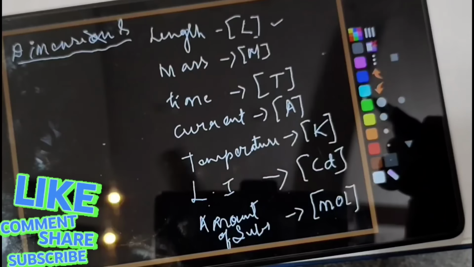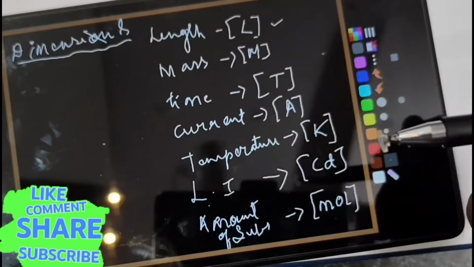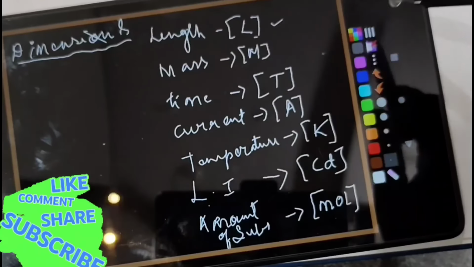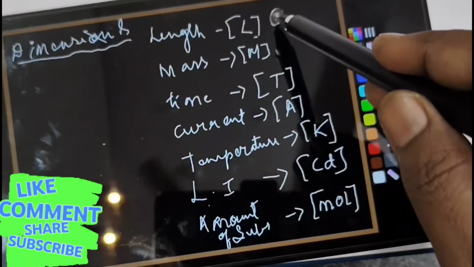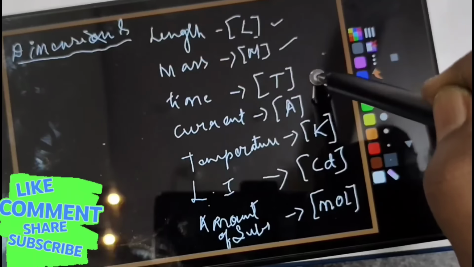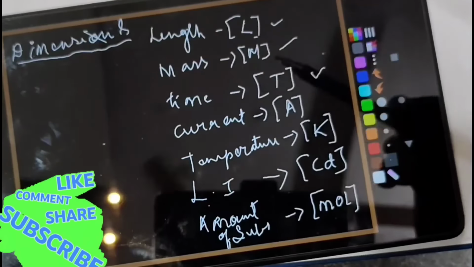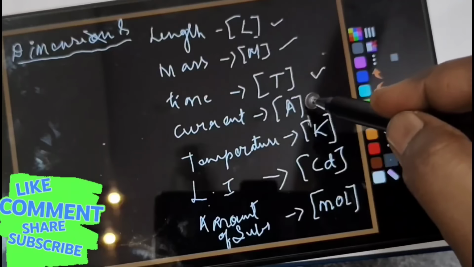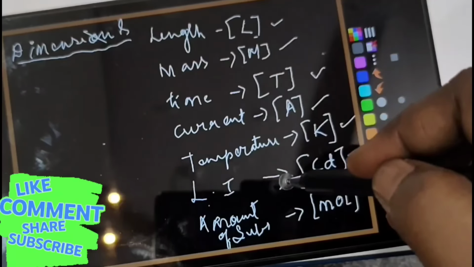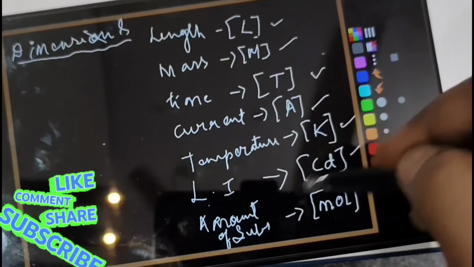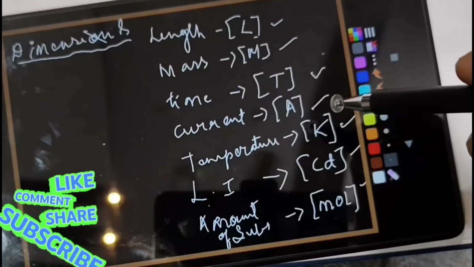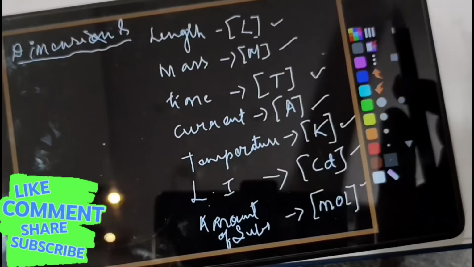Okay, so these are the dimensions we use in the units and measurement chapter: capital L for length, capital M for mass, capital T for time, capital A for current, capital K for temperature, CD for luminous intensity, then mole for amount of substance. Okay, so this is how you have to write the dimensions.